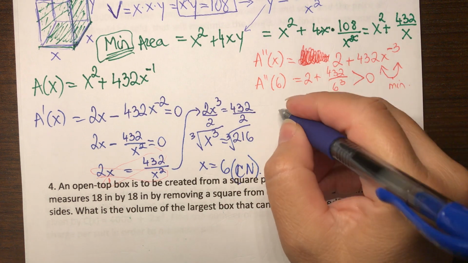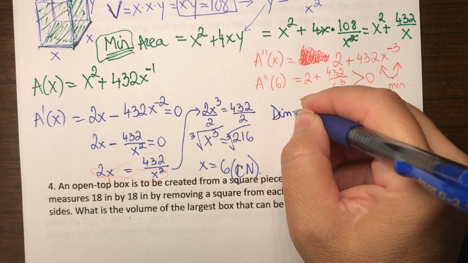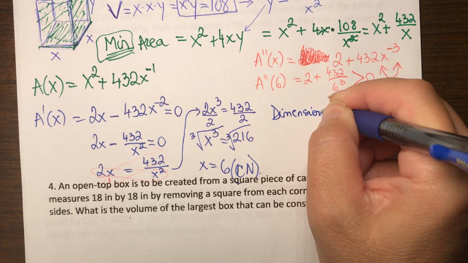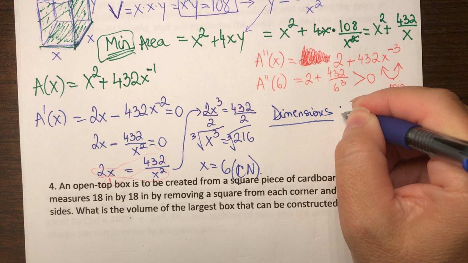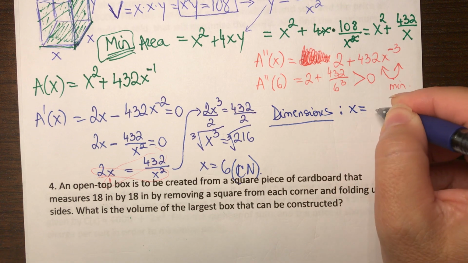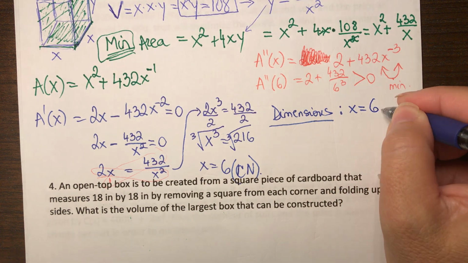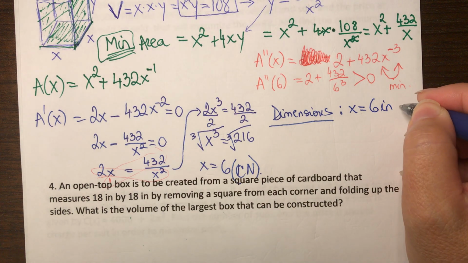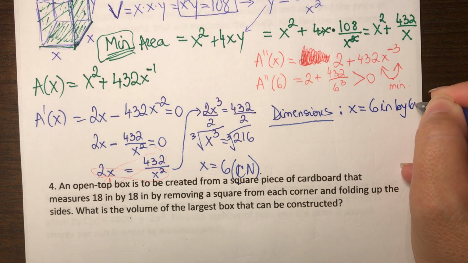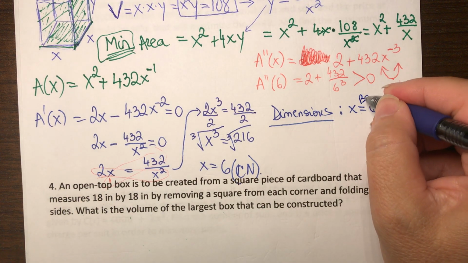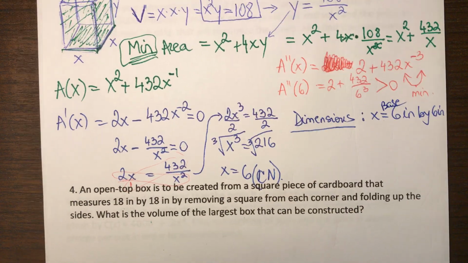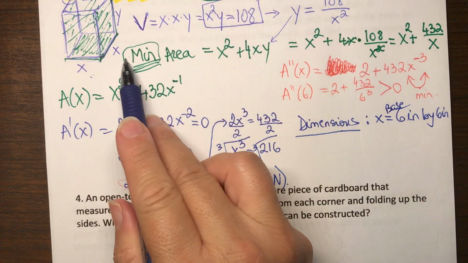What are the dimensions? The base is 6 inches by 6 inches, right? So the base is 6 by 6. You can even go back and write it here.